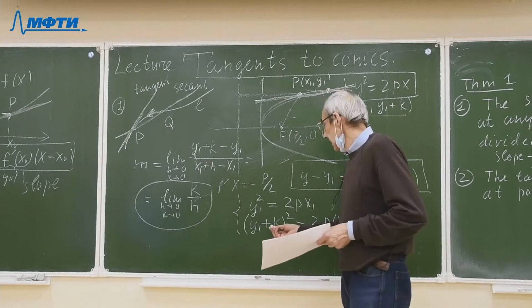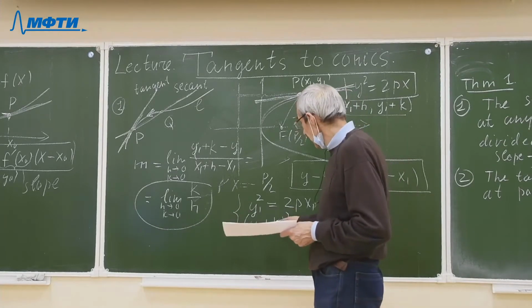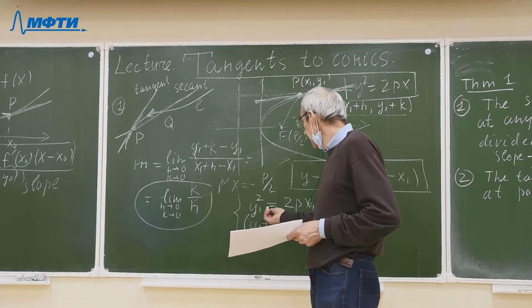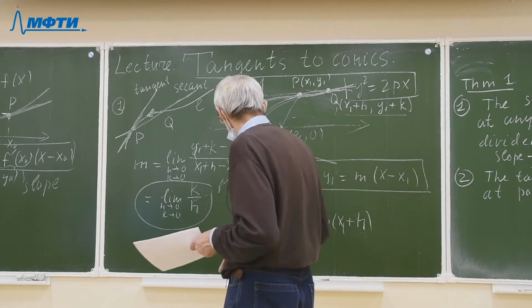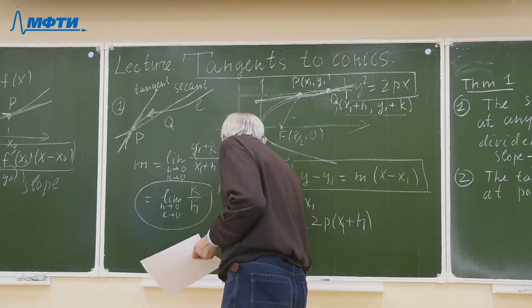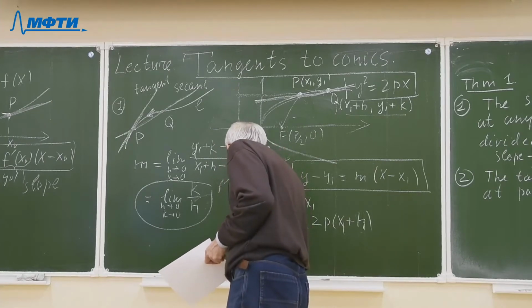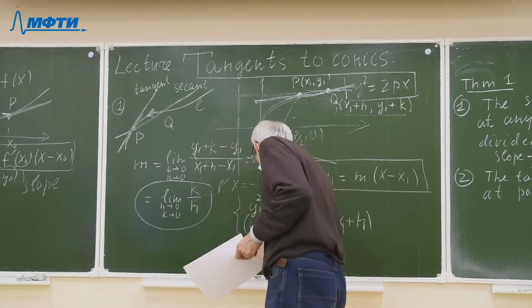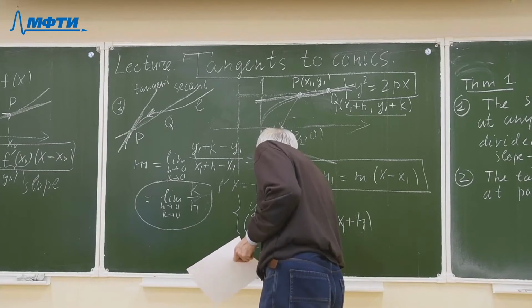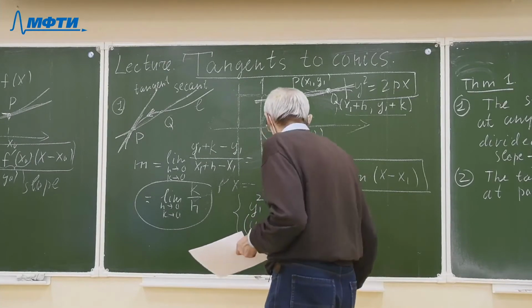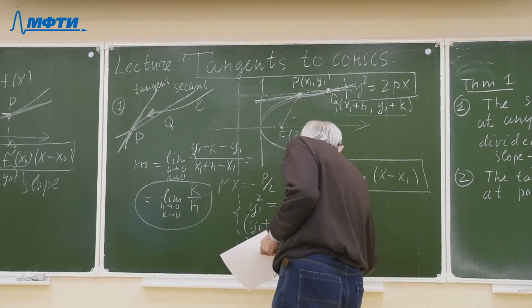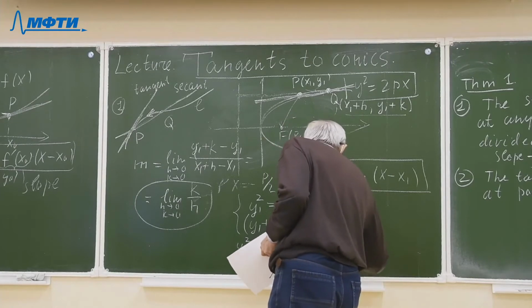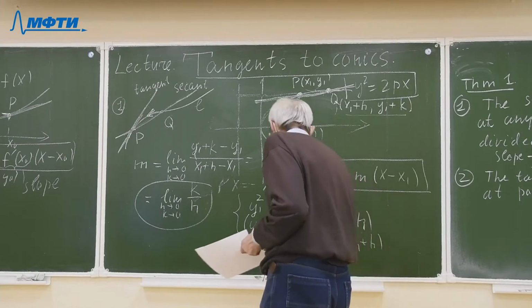Let's subtract the first equation from the second equation. Easy to see that the second equation can be written in the following form: y1 square plus 2y1k plus k square is equal to p times (x1 plus h).